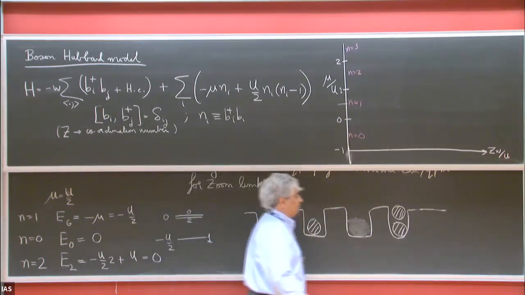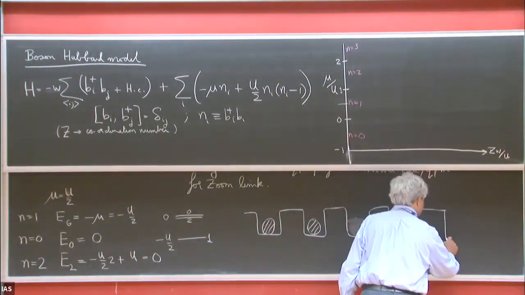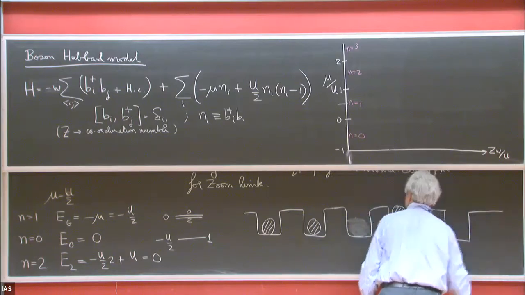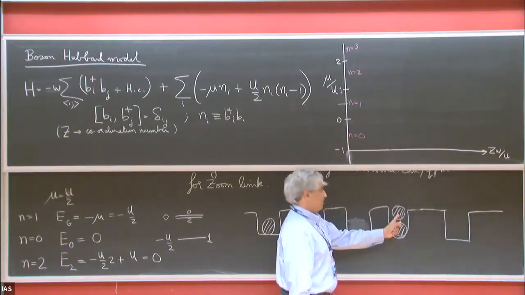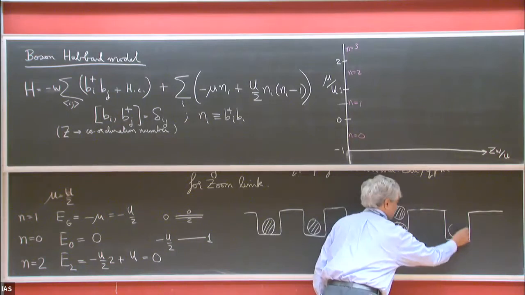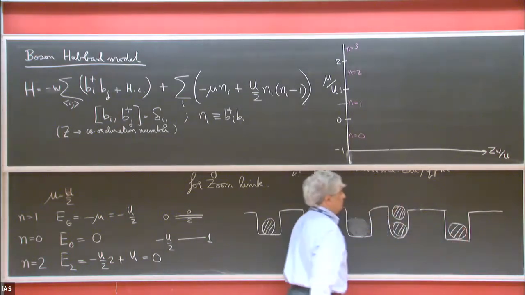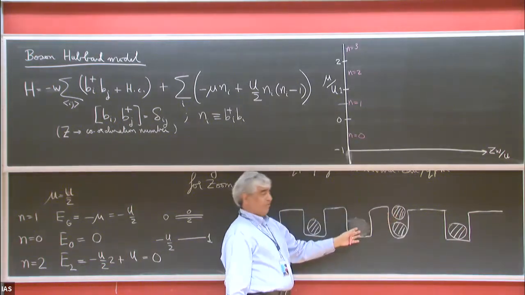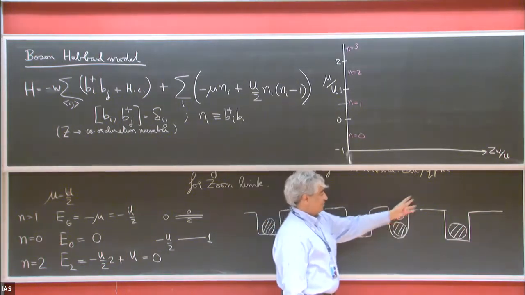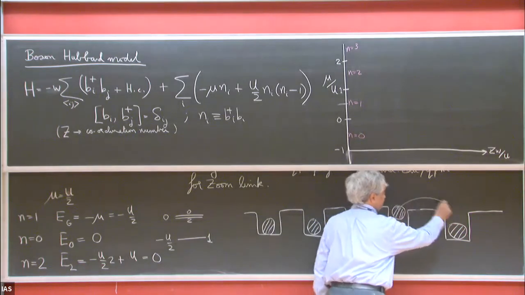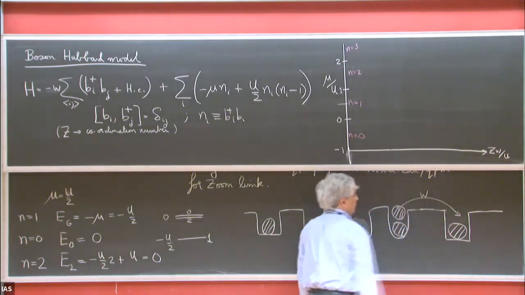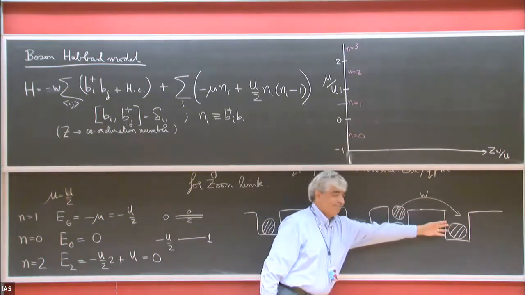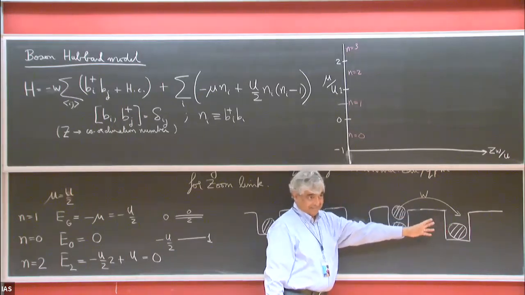Okay, but now if you do further perturbation theory, what you're going to notice is that there's already a particle here. So this is some particle that you created, and this is in fact a hole. Now this particle can hop over there with matrix element W. And when it does that, there's no energy cost in the second process.